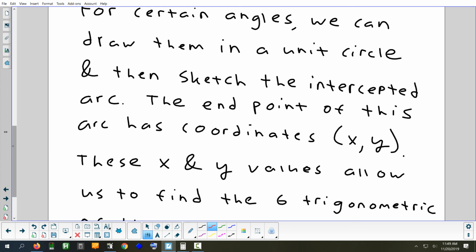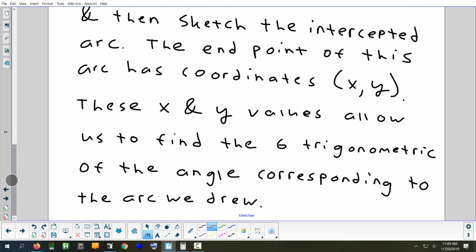If you can't figure out that coordinate, then you can't do unit circle trig at all. Unit circle trig is all based on knowing 2 numbers, an x number and a y number. You have to be able to get those 2 values. And if you can figure those out, then we can figure out what are called the 6 trig functions.